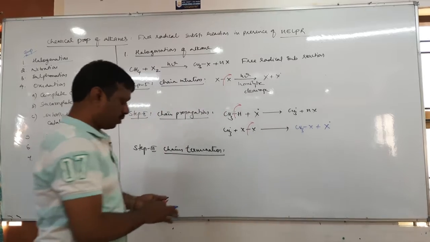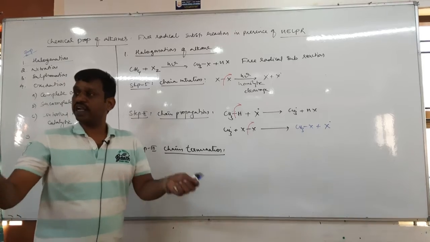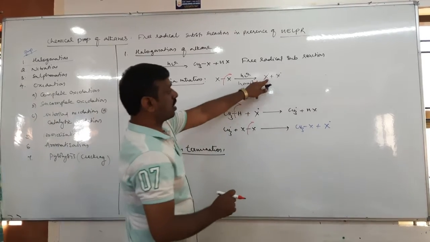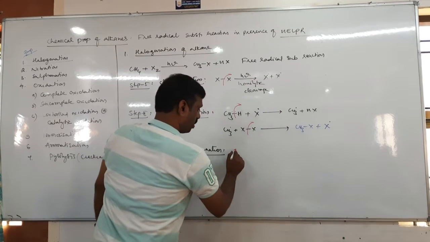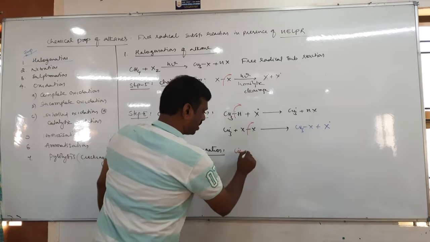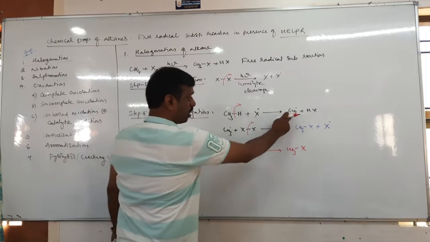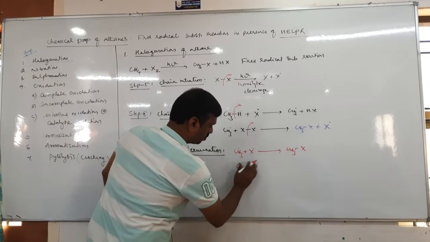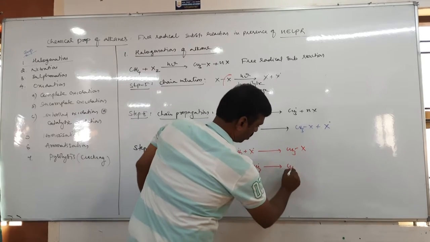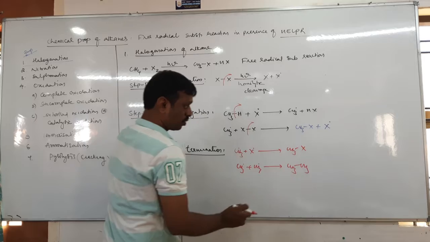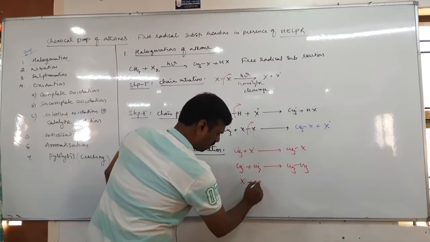Okay. Now next is chain termination. In chain termination, all the free radicals combine. In the first step X radical, in the second step methyl radical, X radical. Now what happened? There may be a methyl radical plus X radical, combining to give CH3X. There may be 2 methyl radicals combined, methyl radical plus methyl radical, and ethane may be formed. Next there may be X radicals also combined. It means all possibilities.